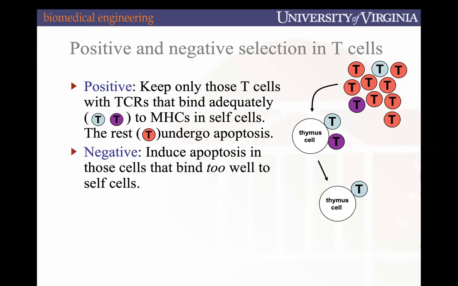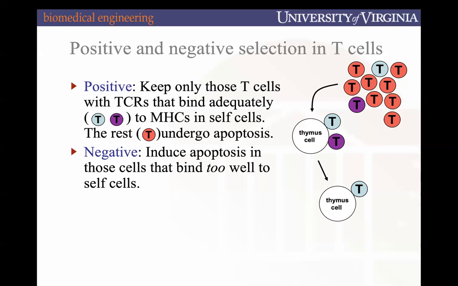For the negative selection, apoptosis will occur in some of the cells that bind too well to our self cells. So what that means is these thymus self cells during development are really good at displaying self antigen to check for T cells that recognize self as foreign.